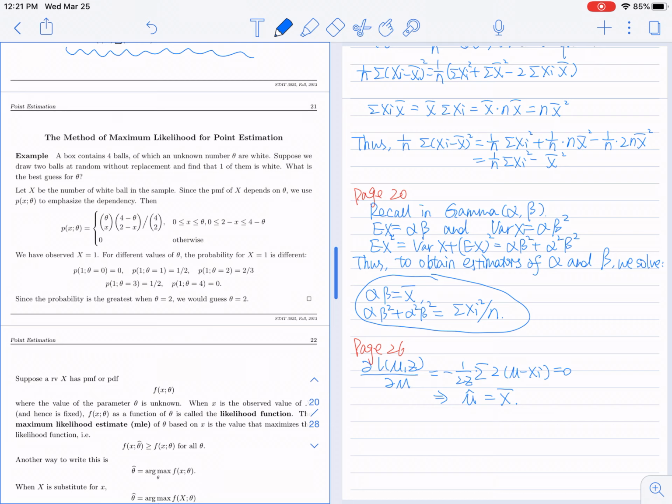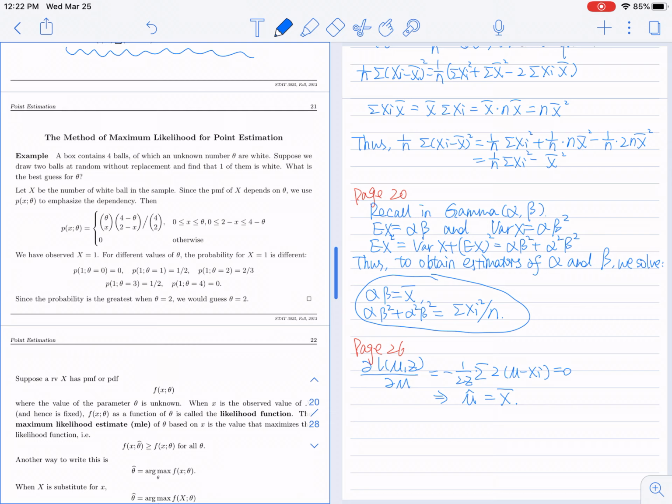Because we observe x equal to 1, when theta is equal to 0, we get a probability 0. And again, we insert x equal to 1 and evaluate theta at 1, then we get a probability 1/2. And by inserting different possible values of theta, we get different probabilities.